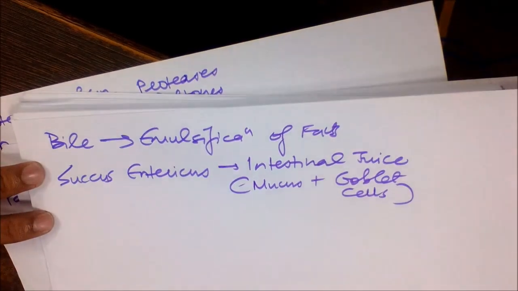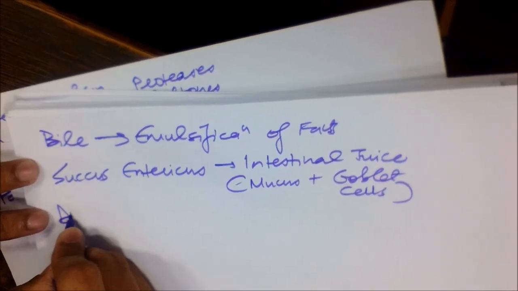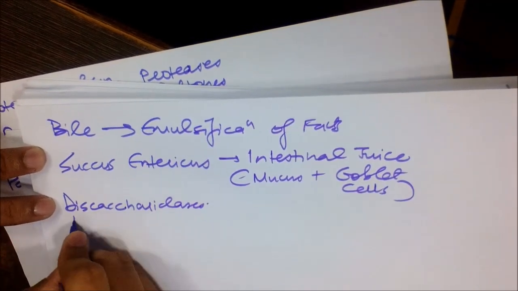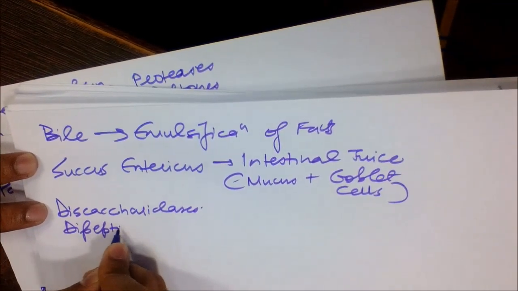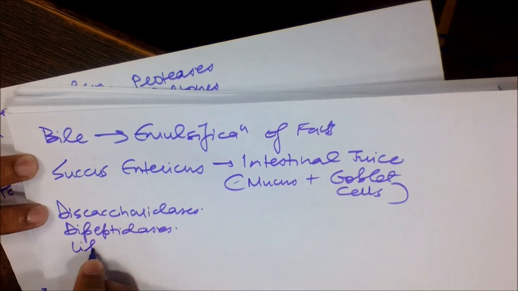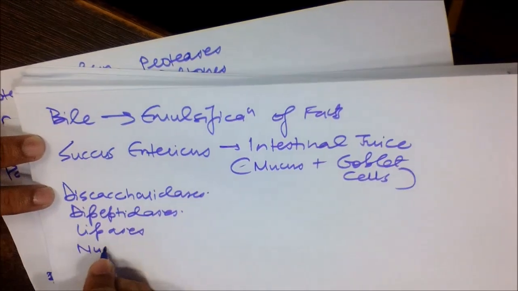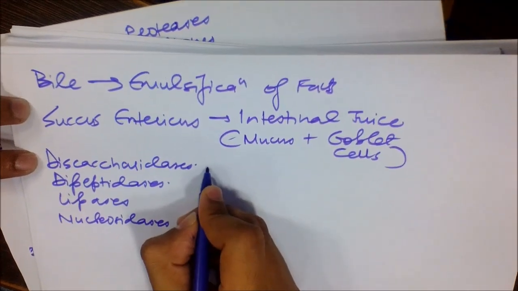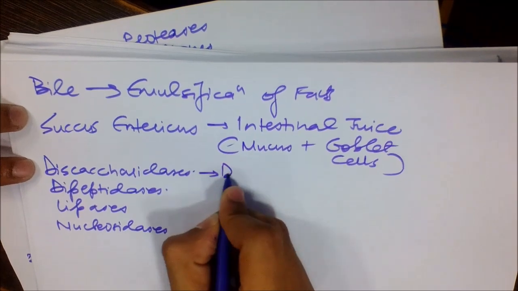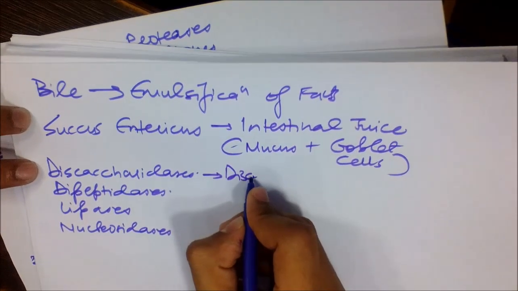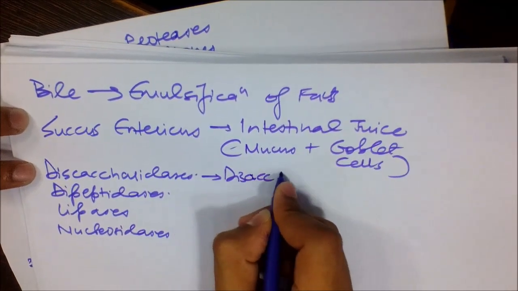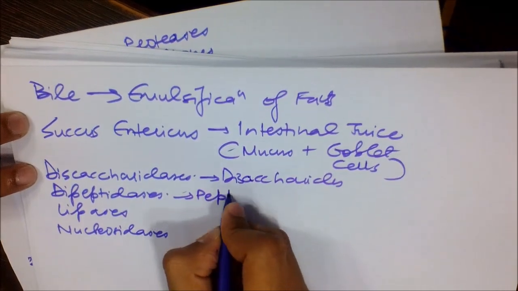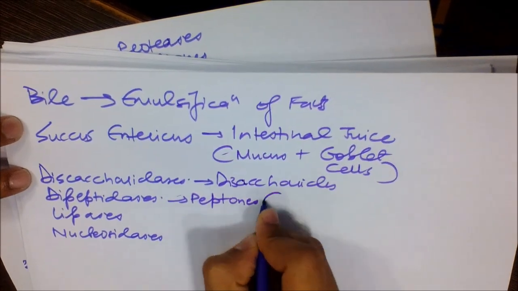This juice contains a variety of enzymes like disaccharidases, dipeptidases, lipases, and nucleosidases, which, as the names suggest, are responsible for the breakdown of disaccharides, peptides or peptones, which are proteins.